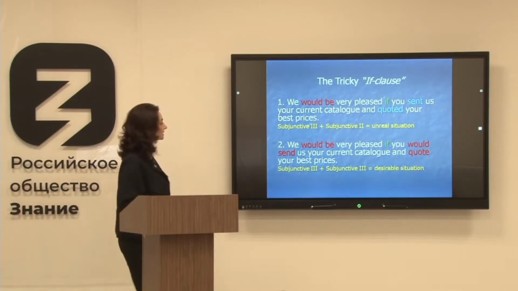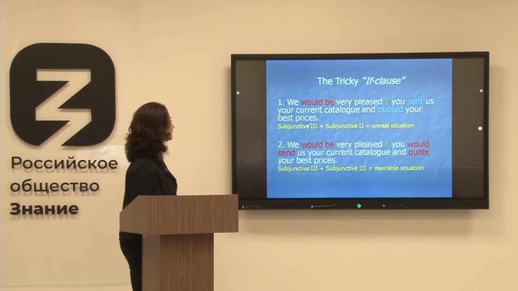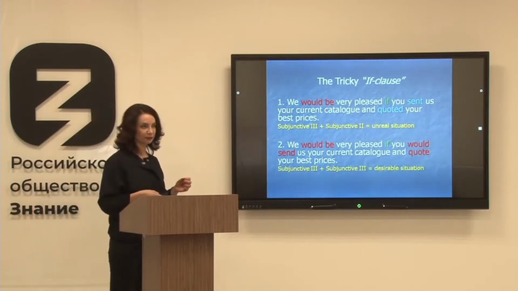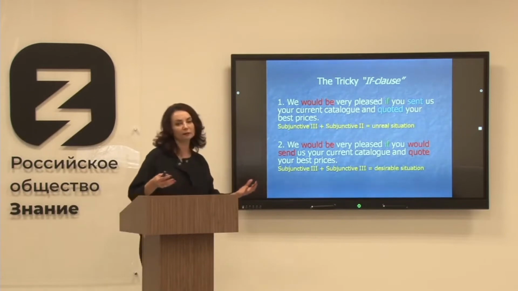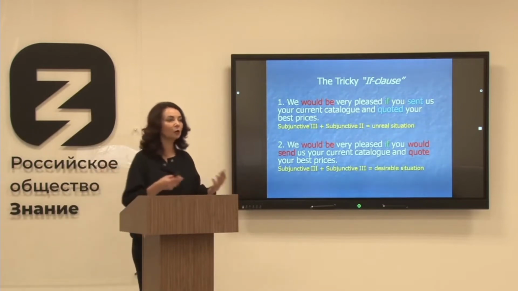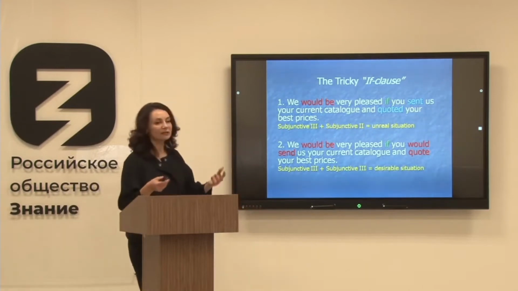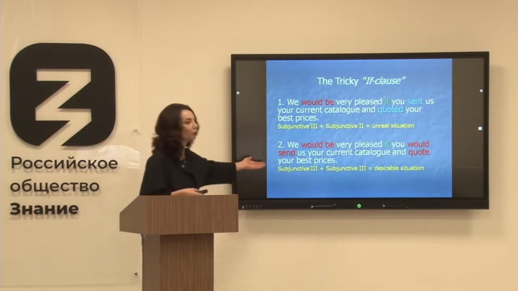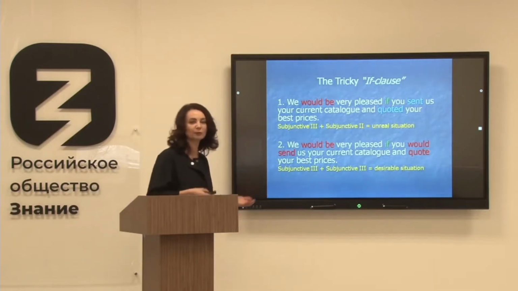If we turn to example number 2, "We would be very pleased if you would send us your current catalog and quote your best prices." The meaning is radically different, since the meaning is that we are open for your projects, we are open for further cooperation. We are waiting for you to send us your current catalog, to quote your best prices, and we are just waiting for you to do business with us.